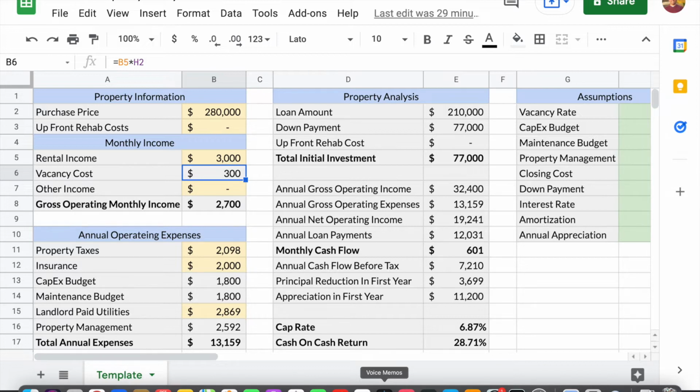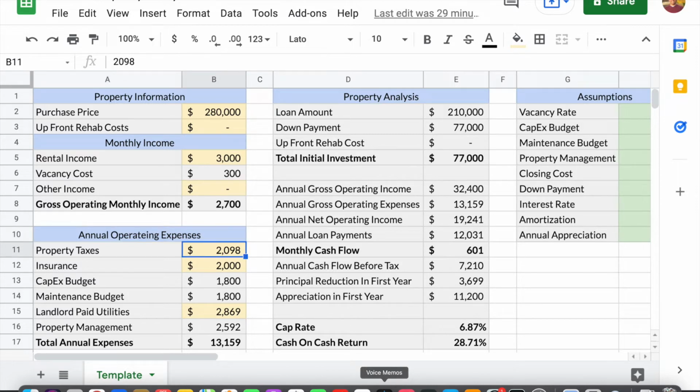This cell is a formula, and here a 10% vacancy rate is assumed, as shown on the right hand side column. Cell B7 is for other types of possible income, such as coin operated laundry, which is 0 in this example.